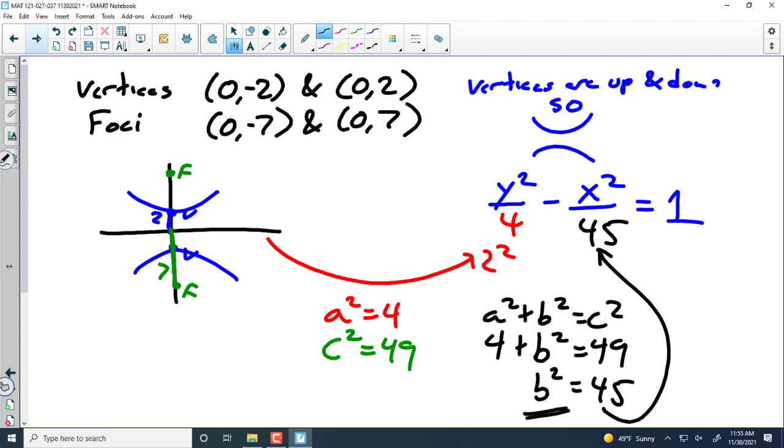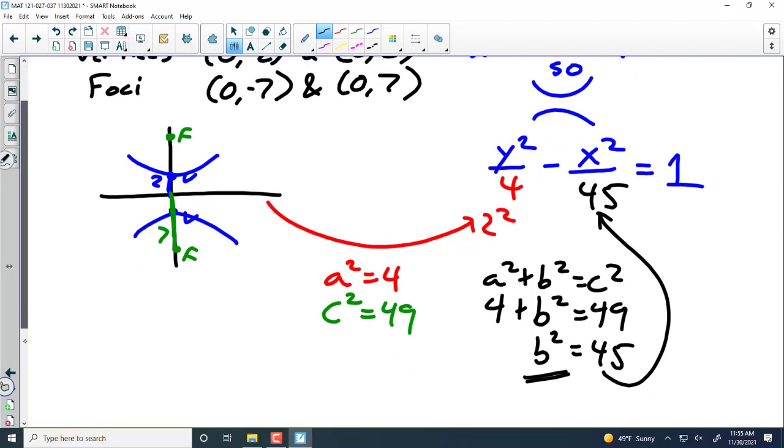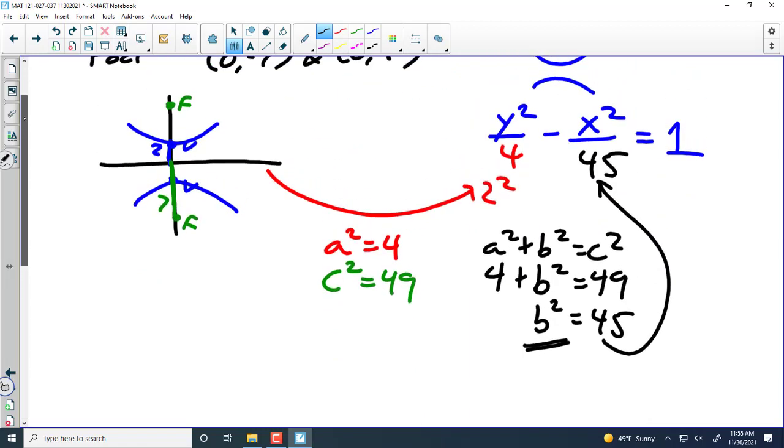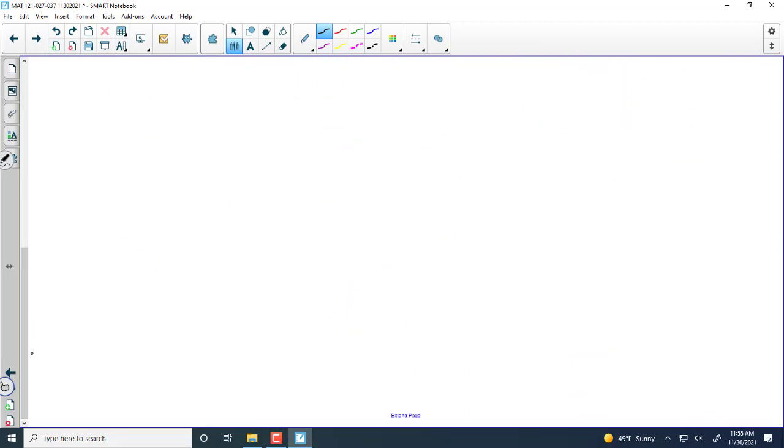Can you try one based on that? Is everyone okay to try one on their own? Let's do one on our own. Okay, so we will do: transverse axis is, let's do 8 units long.